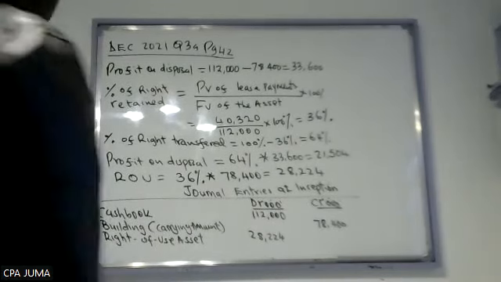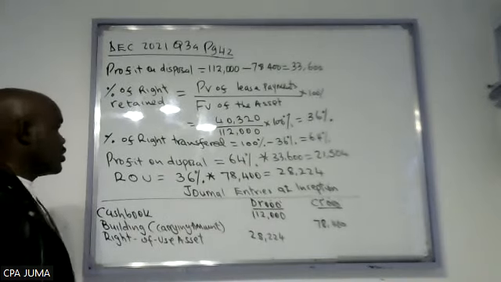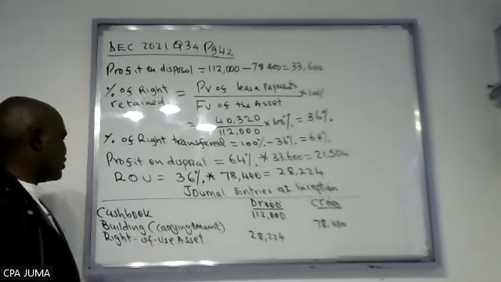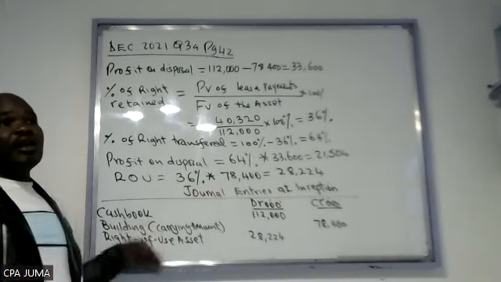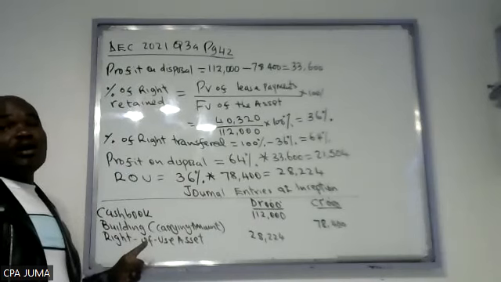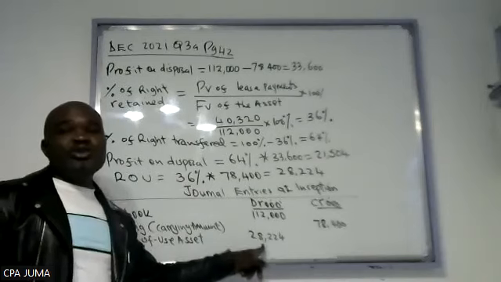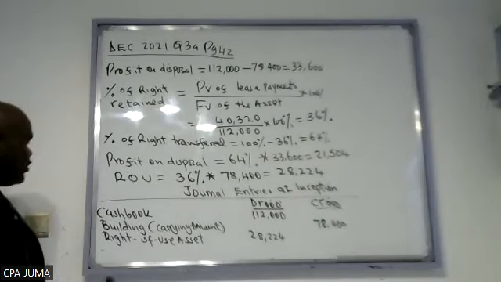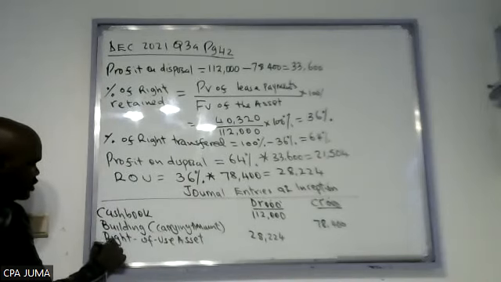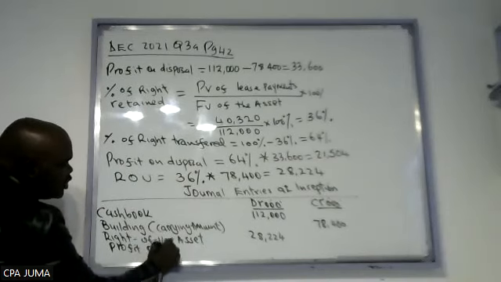That is done. Then two things remaining. At inception, waliuza kwanza. So when you are selling, credit the asset, bring the cash. Now it is coming back. On comeback, debit the right of use, recognize also the profits. So profits on disposal.